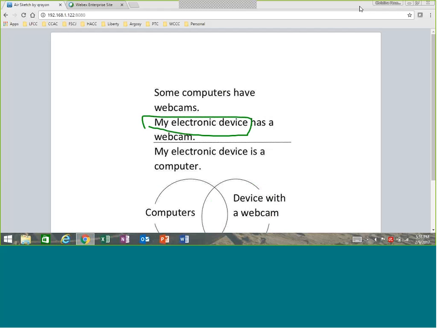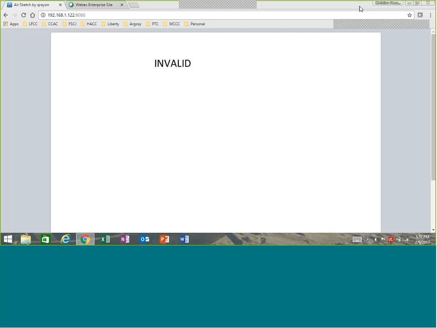The circles represent groups of things. But my electronic device is just one item, so I don't use a circle for just one item. I just put an X to represent one item. Okay. All right, so that one's invalid.